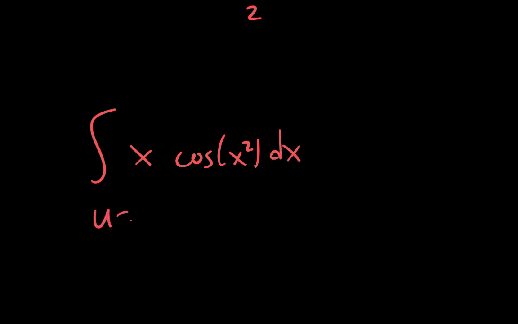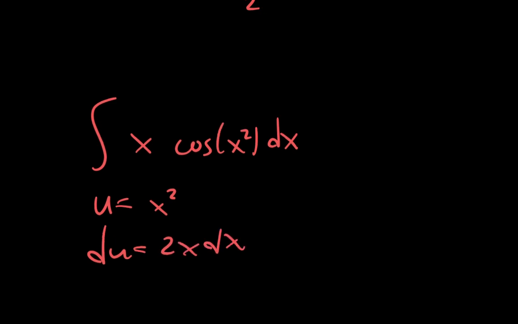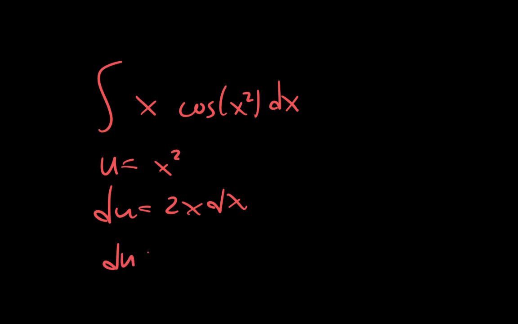Sometimes we could use substitutions where things cancel out. For example, if u is equal to x squared, then du is equal to 2x dx, or du over 2 is equal to x dx.